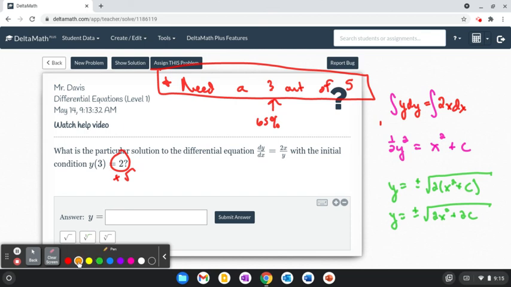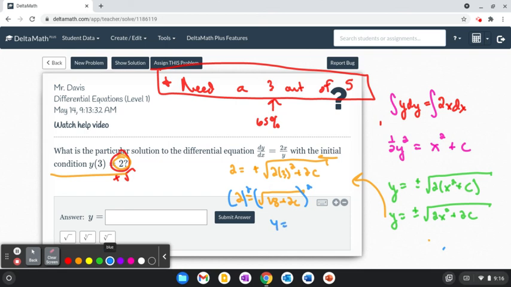Now we can plug in our initial condition to get our particular solution. Let's write that up here. We get 2 equals plus or minus, and actually we just want the plus root now because, again, this is positive, the square root of 2 times 3 squared plus 2c. That gives us 2 equals the square root of 18 plus 2c. Now I want to square both sides.